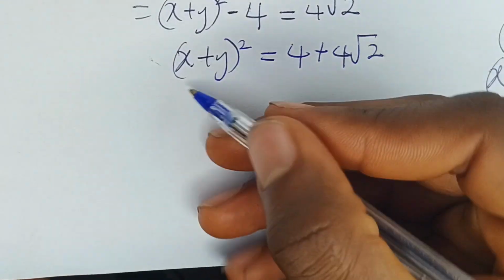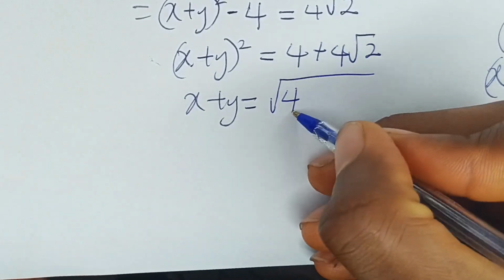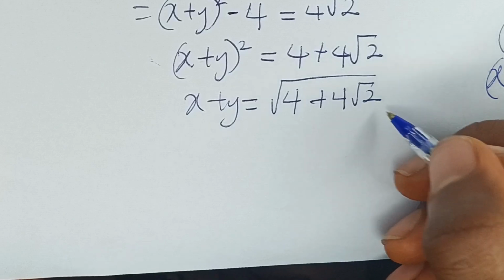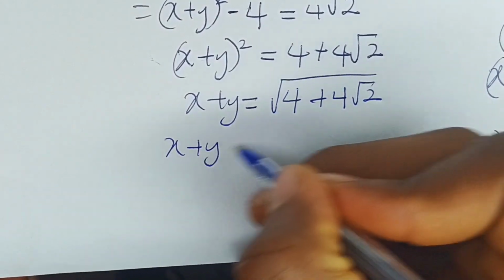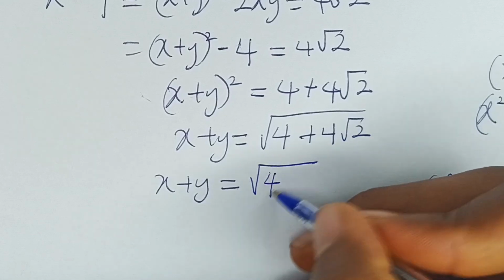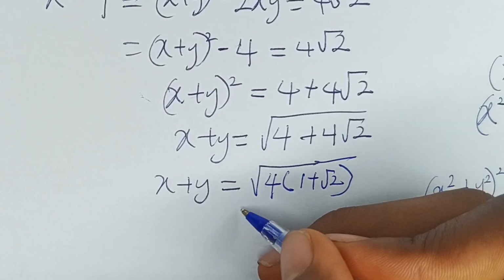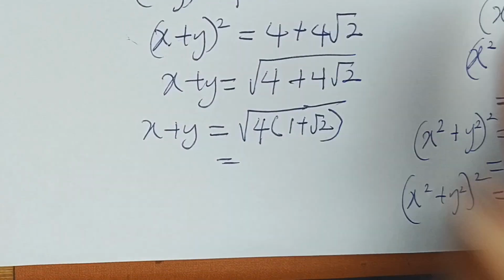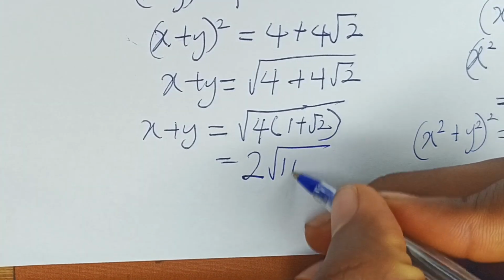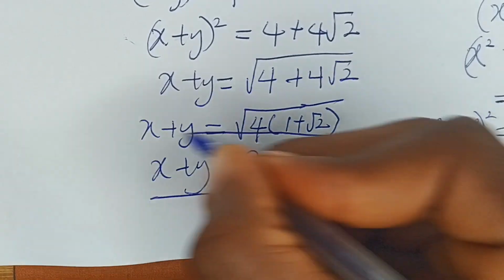Okay, hence x plus y becomes equal to the square root of 4 plus 4 root 2. Okay, and x plus y can be simplified further as the square root of 4 into 1 plus root 2. Okay, and this is equal to 2 times the square root of 1 plus root 2. So this becomes the final answer to this question.